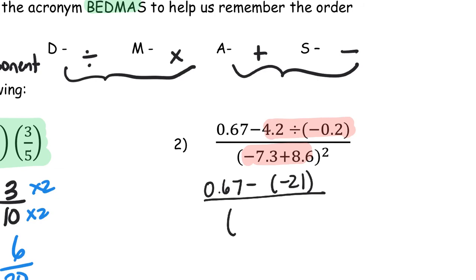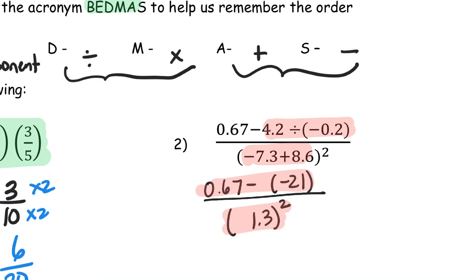And then on the bottom, I'm doing negative 7.3 plus 8.6, and I get 1.3 squared. Okay, now the next question that I need to do is the exponent on the bottom, and on the top, I'm going to do the 0.67 subtract negative 21.